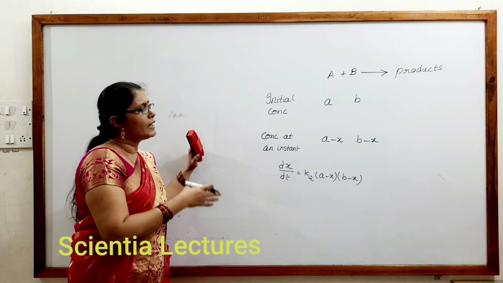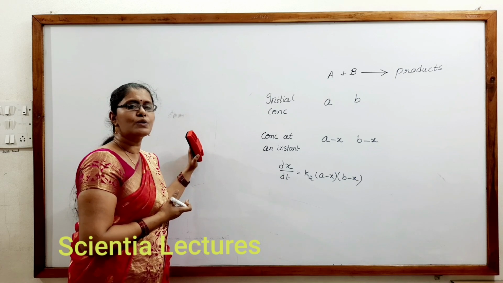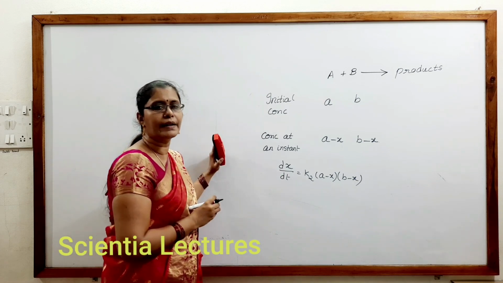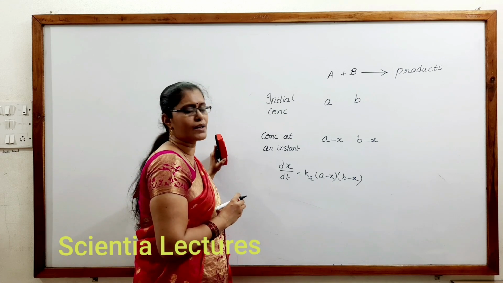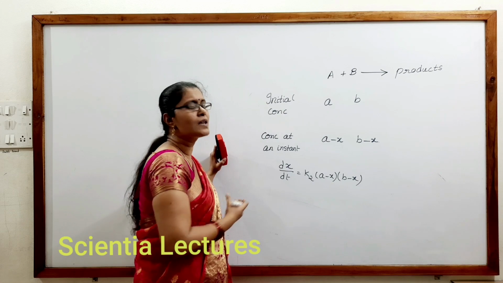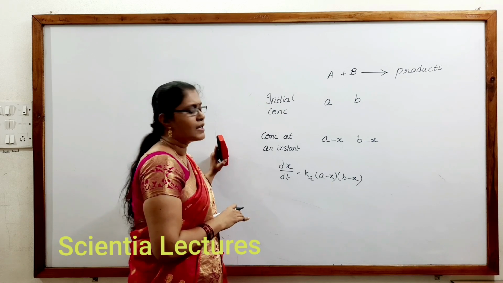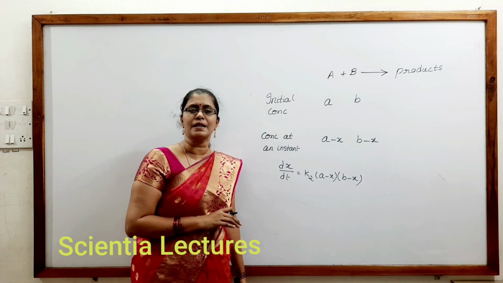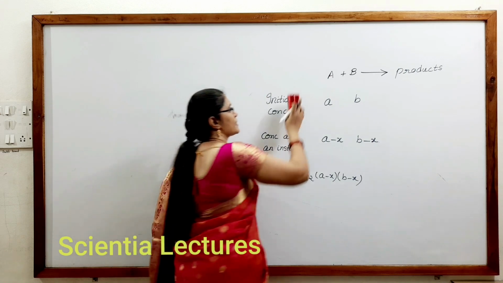Normally if it has started with the same initial concentrations, you can use the nth order rate equation for this second order reaction. If it has started with different initial concentrations, you have to derive it once again. So dx by dt is equal to k2 into (a minus x) into (b minus x).